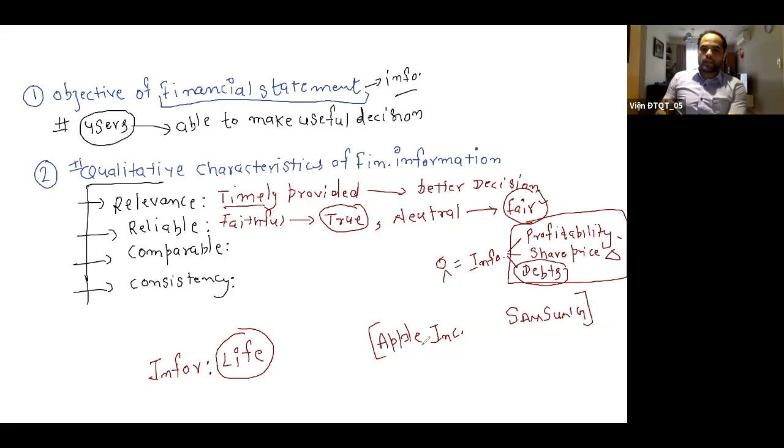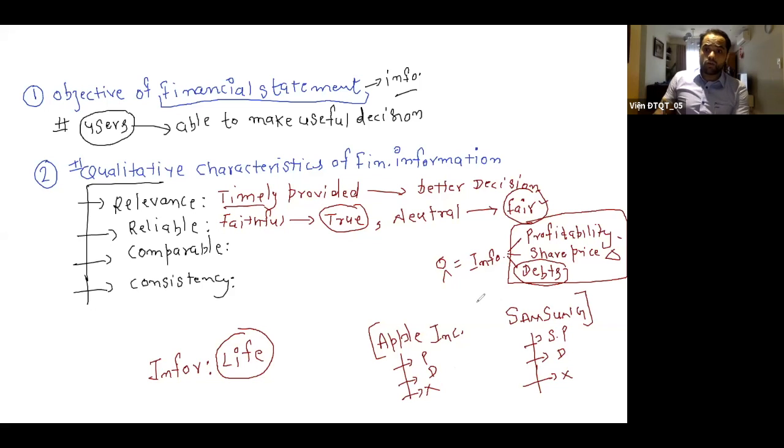So I'm looking for these three pieces of information. Now, for example, Apple provides me information about profitability and information about debts, but Apple does not provide me information about share price. Samsung provides me information about share price and information about debts, but does not provide me any information about profitability.